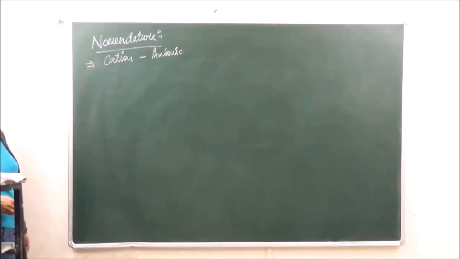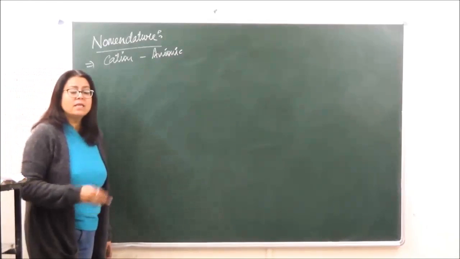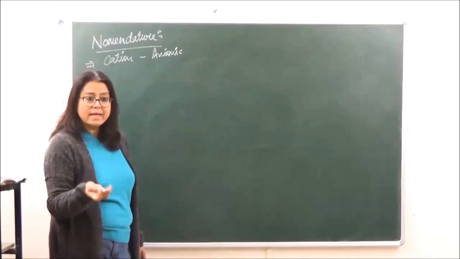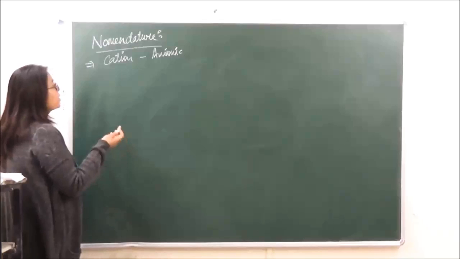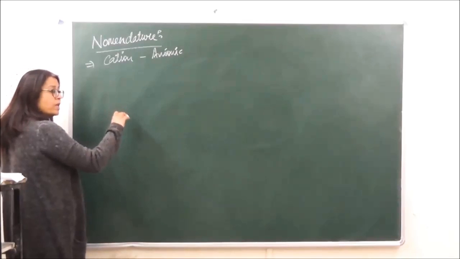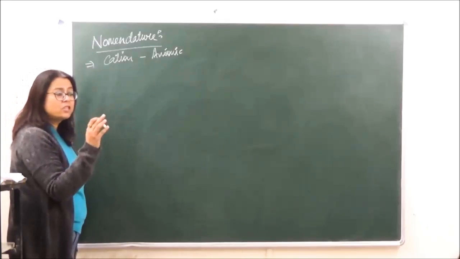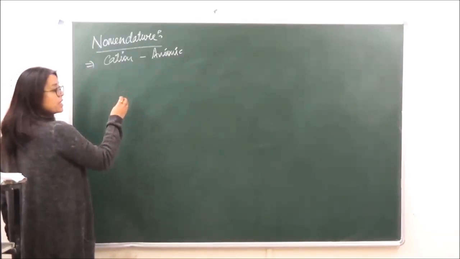Now, when we are talking of cationic and anionic species over here, the coordinate entity, which we talked about, can either be cationic or anionic. So if the coordinate entity is cationic, then the counter ion is going to be negatively charged. We have already done what a counter ion is.